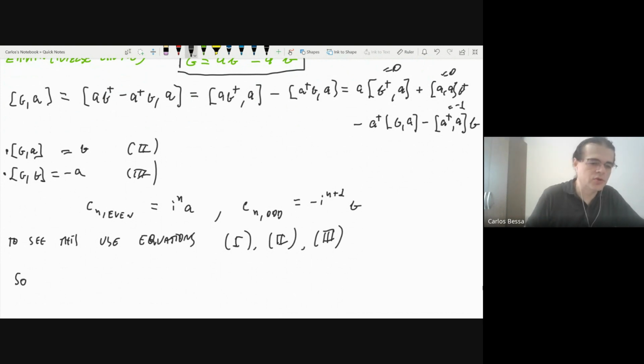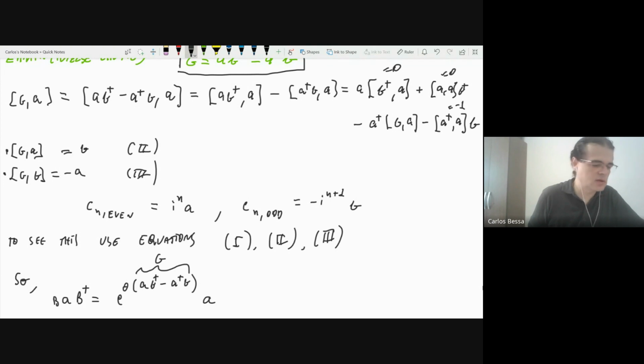And so if you use these things, B A B dagger will be a sum. Yeah, because B A B dagger is exponential of theta (A B dagger minus A dagger B). And this I'm calling G, right? That's the definition.